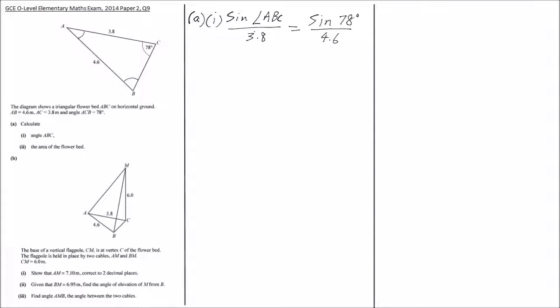Cross multiplying, we'll get sine angle ABC. The 3.8 we bring up to multiply with the numerator on the other side. We get 3.8 sine 78 degrees over 4.6.